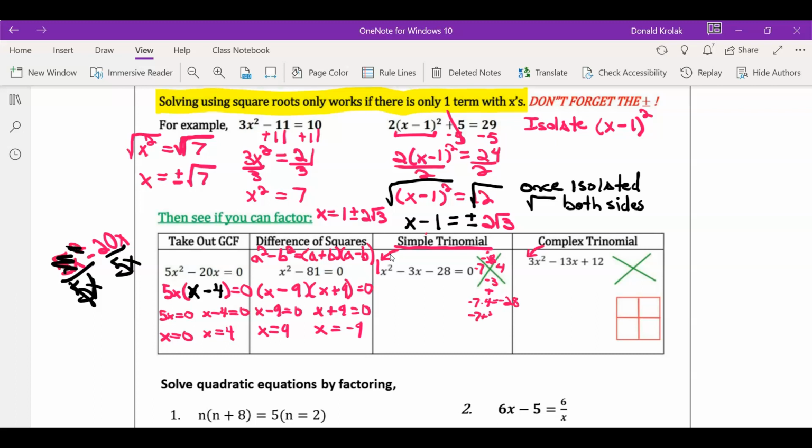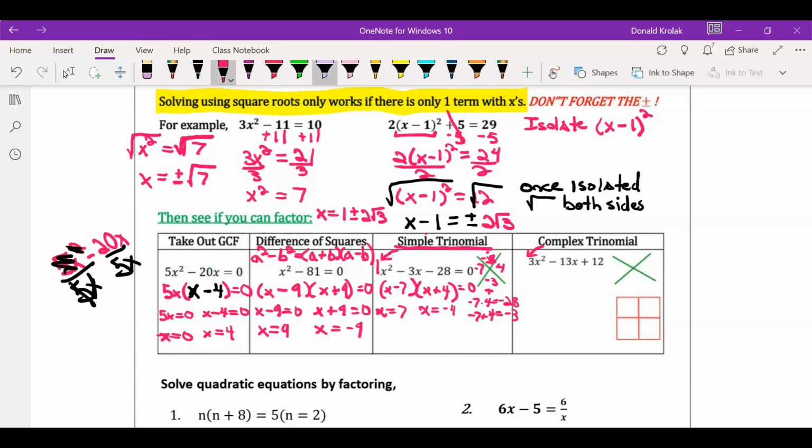Negative 7 plus 4 is negative 3. So I can automatically factor this into x minus 7, x plus 4. So what makes the first one 0? 7. Second one 0. All right, so you always start with GCFing.